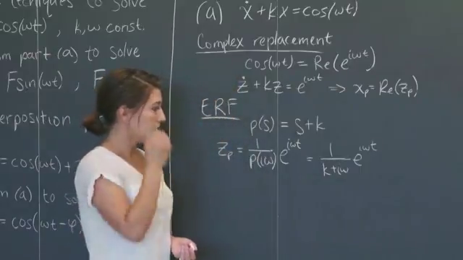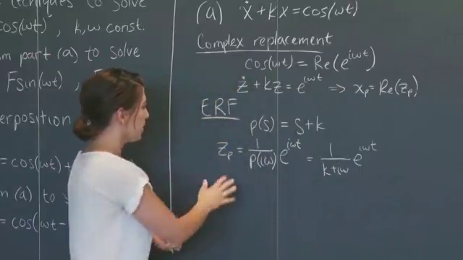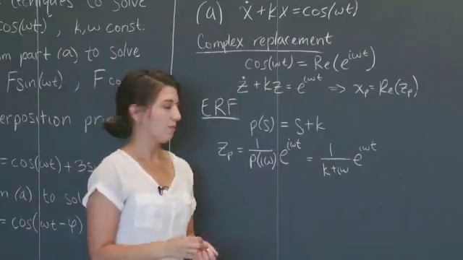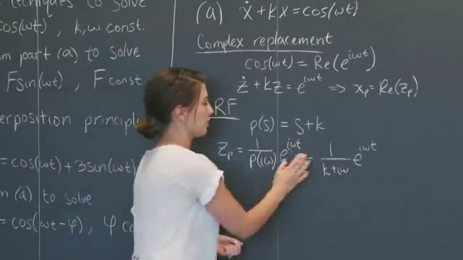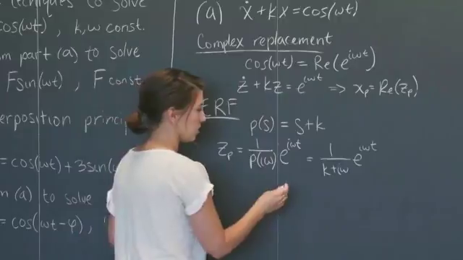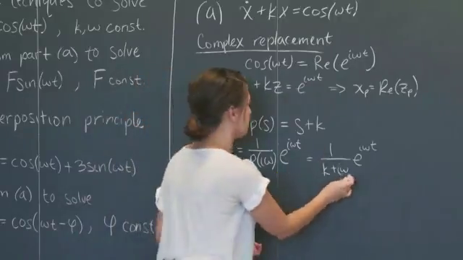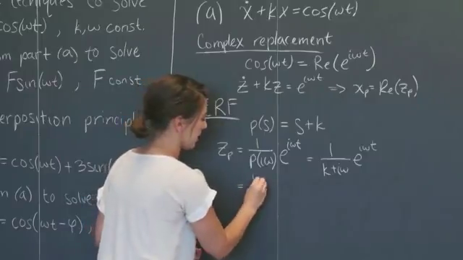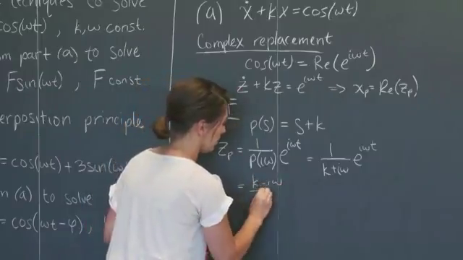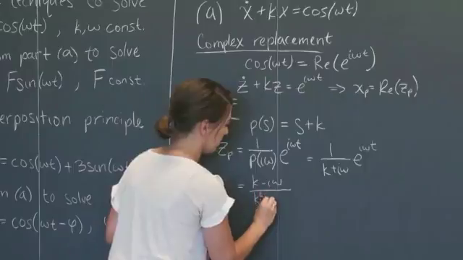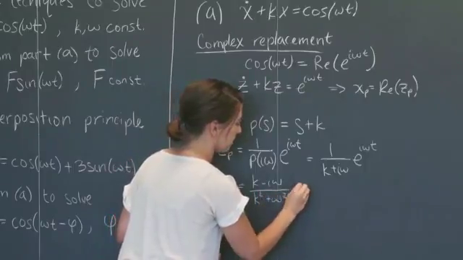Now we're going to decompose z into its real and imaginary parts. So we're going to rationalize the denominator. We'll multiply the numerator and denominator by the complex conjugate of the denominator. That will give us k minus i omega over k squared plus omega squared times e to the i omega t.